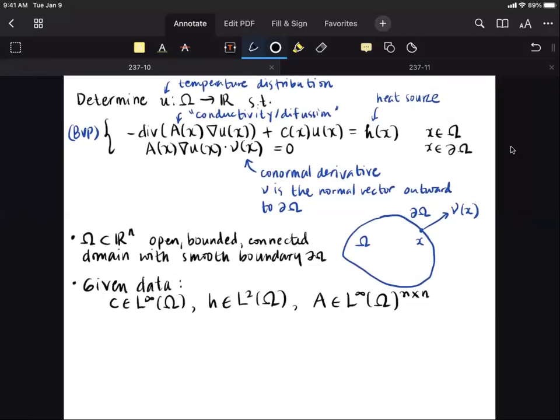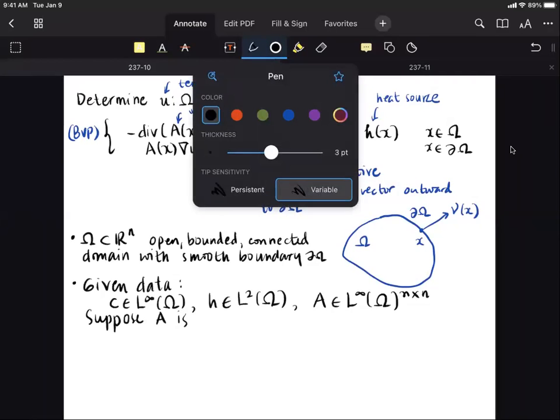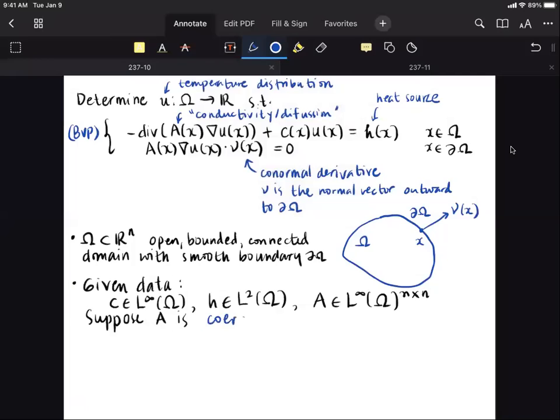And suppose that A is coercive, or what we call elliptic.